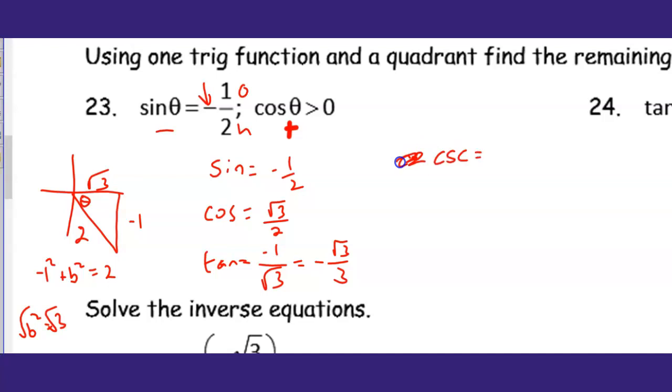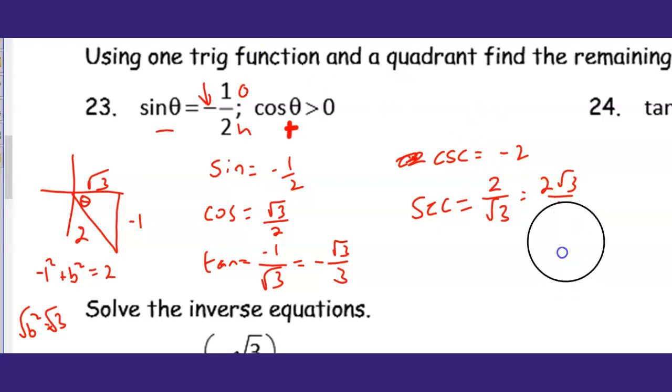Cosecant, the inverse of this, -2, or hypotenuse over opposite. Secant, the inverse of this, or hypotenuse over adjacent, which we rationalize, right? Oh, sorry, over 3. Look at that.